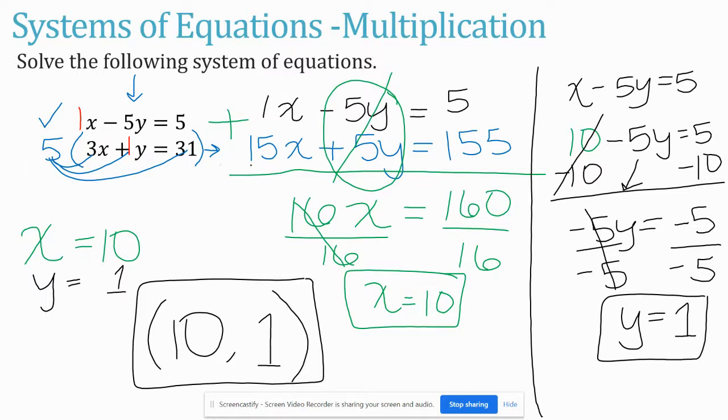Multiplied everything by 5. Then we had our additive inverses that can cancel out. Add your equations together, solve for that variable. And then whatever variable you get, you're going to plug into one of the original equations to solve for the other variable. Write your answer as an ordered pair. Hopefully this will help you, and the more you practice this, the better you're going to get.